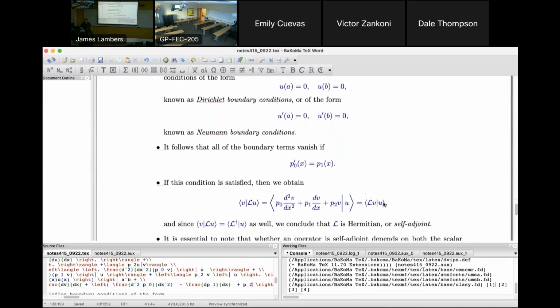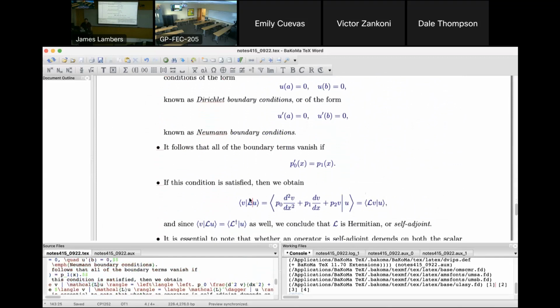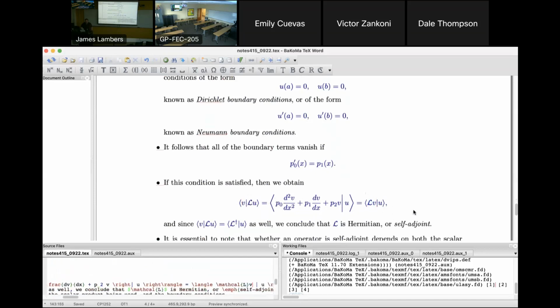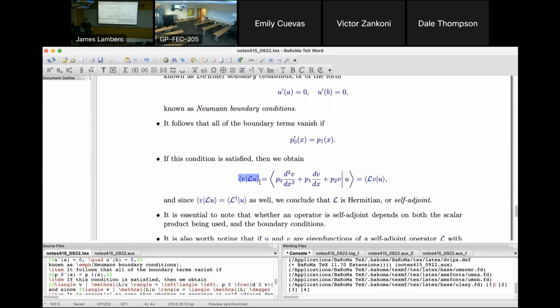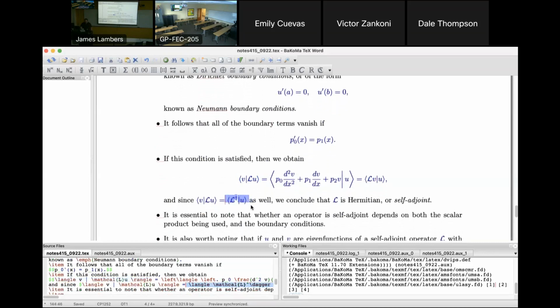So V scalar product LU happens to equal scalar product of LV with U. And just remember, when you move L over to the left operand and keep the scalar product the same, that requires taking the adjoint. But the adjoint is the same as the original. So this is equal to this by, oh, I forgot the V. Should be a V here.